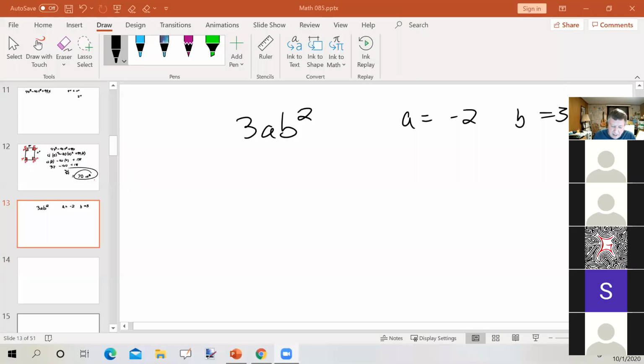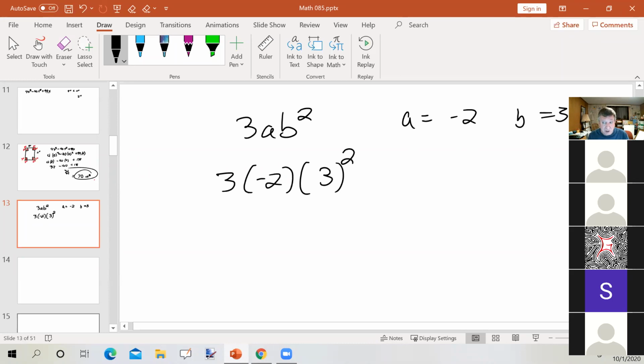So given 3ab squared, evaluate this polynomial when a is -2 and b is 3. So we're going to have 3 times a, which is now -2, times b, which is 3, squared. All right, so we've substituted the numbers in place of the letters.